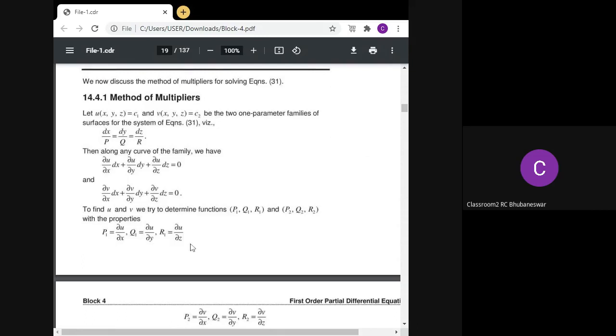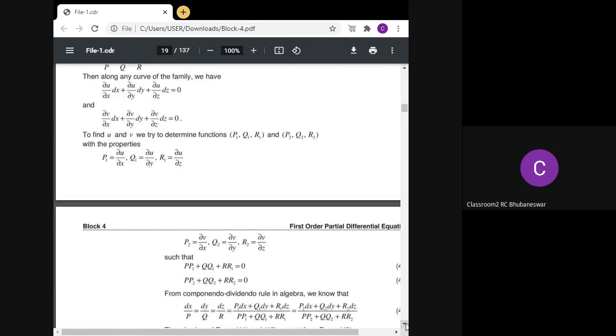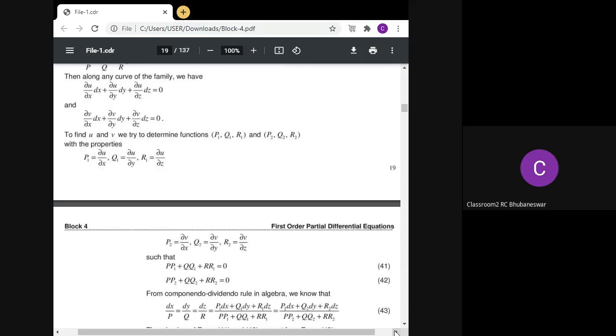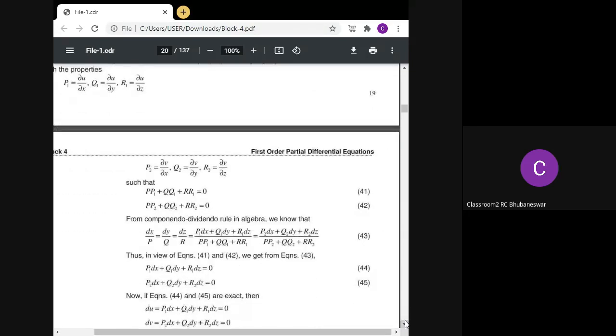These are the conditions in which we have to assign the values of P1, Q1, R1 for the first curve and P2, Q2, R2 for the second curve. Moreover, these two conditions listed in equations 41 and 42 must be satisfied.